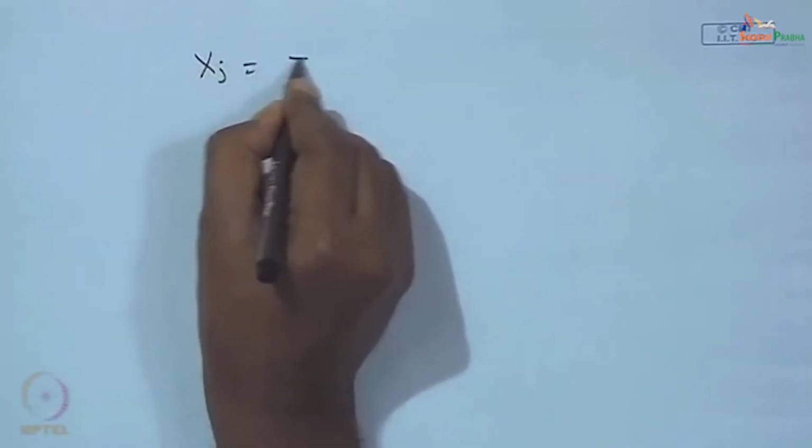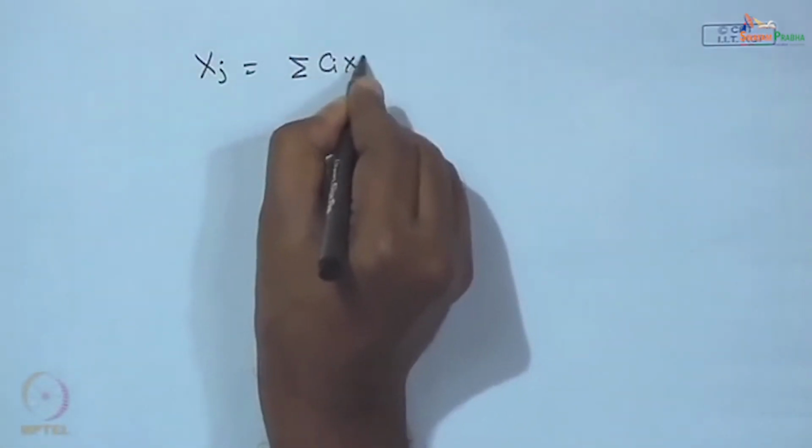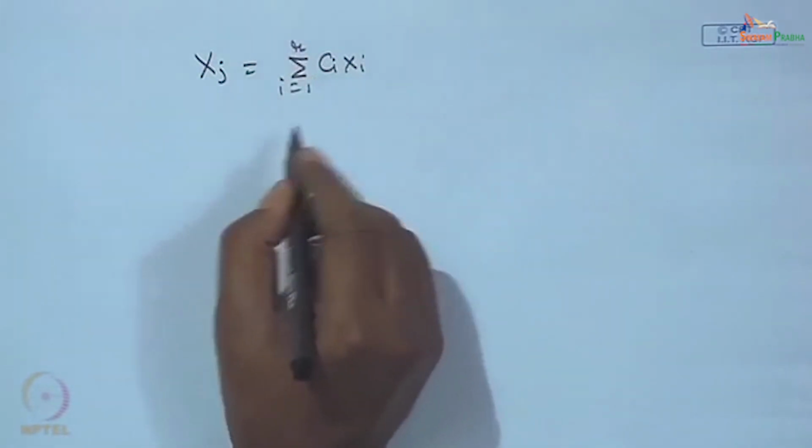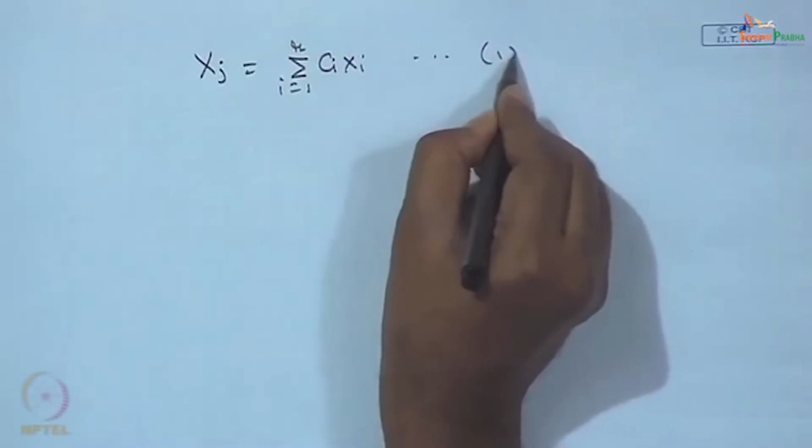Okay. Let us go to the next step. We take this equation, the sum of c i x i for i equal to 1 to r, as equation number 1.